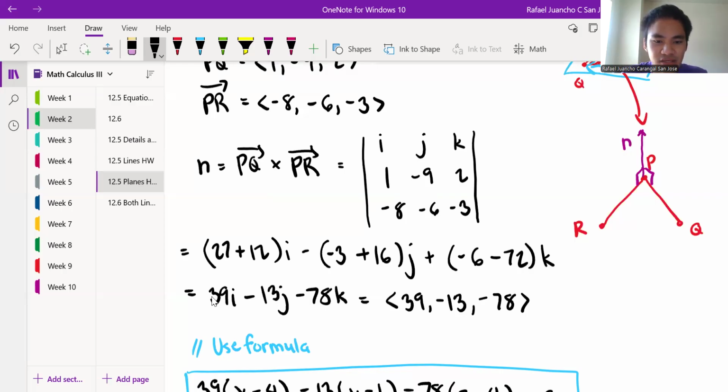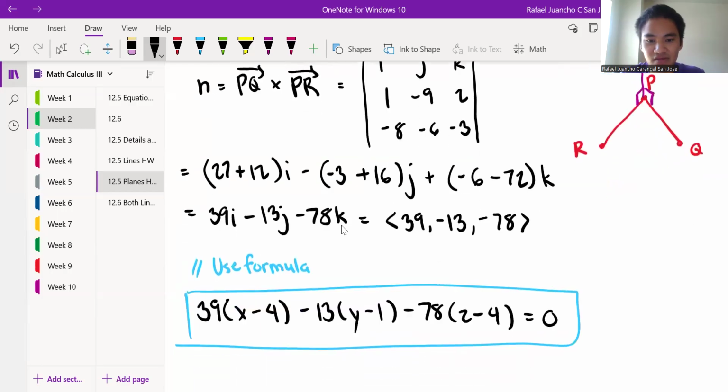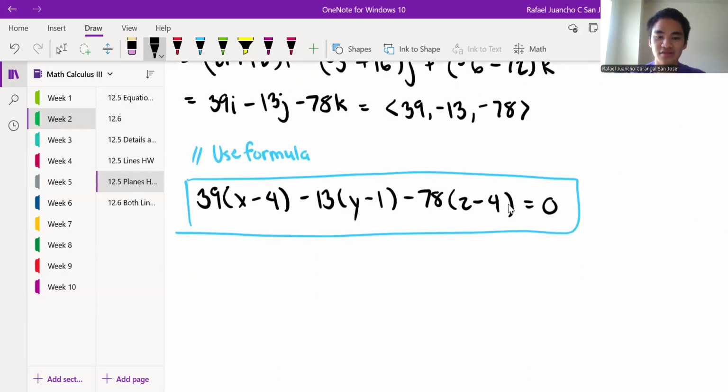So we get that 27 plus 12 is 39, -3 plus 16 is positive 13. We add the minus there. And then this is just negative in its entirety. So this is -78. Then we just get that vector, put it in the formula, done.